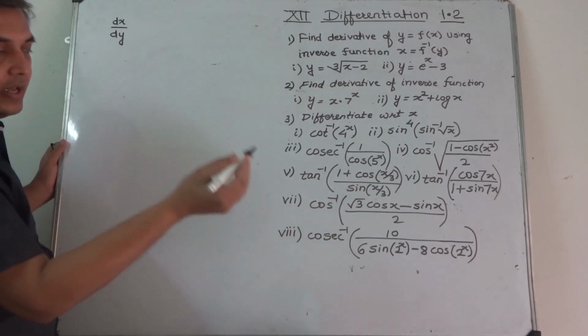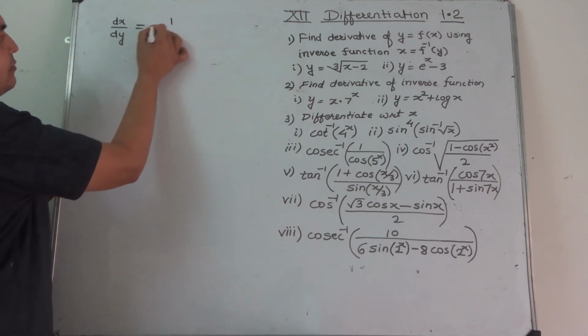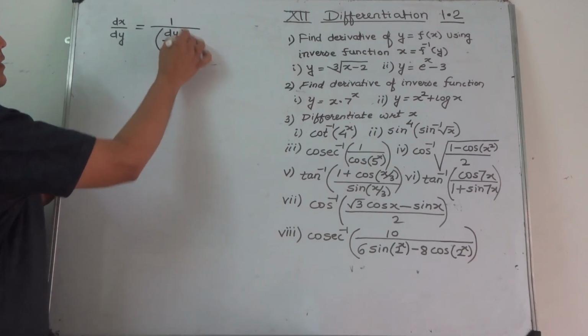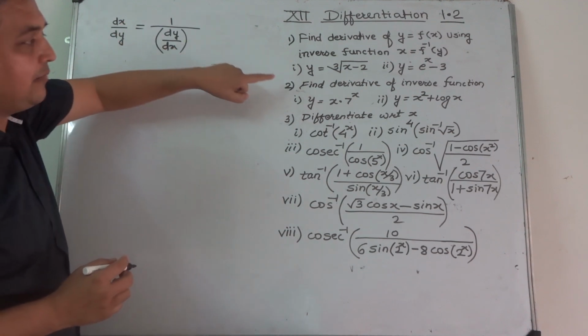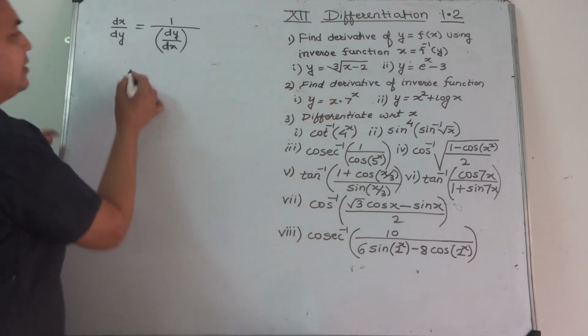Since x is a function of y, dx by dy can be written as 1 upon dy by dx. Dx by dy is 1 upon dy by dx, and from here we can find dy by dx by the product rule.